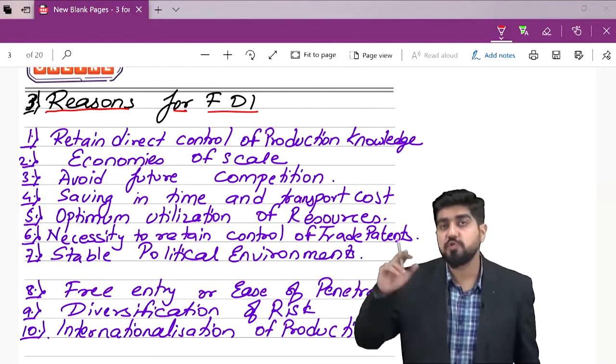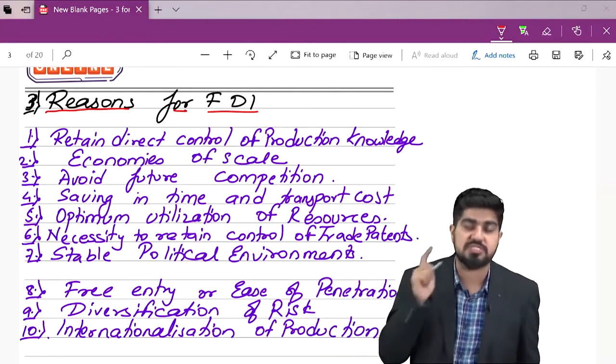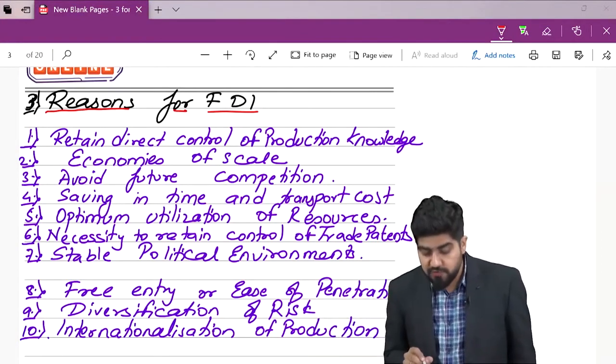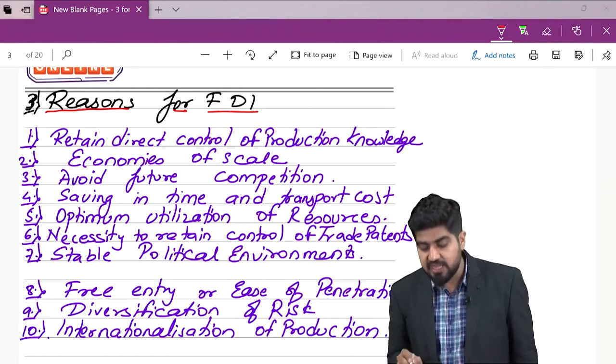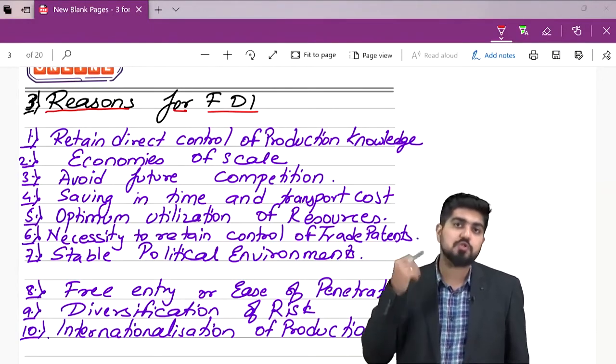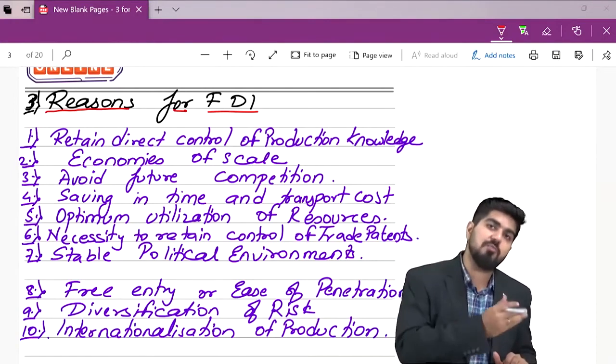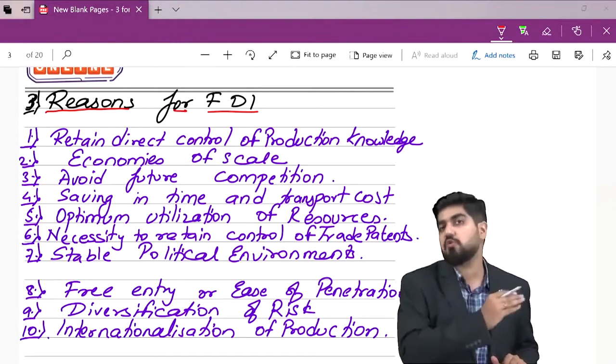What will you do? You will go abroad, set up your factory and start with the production process. Yes or no? So, if you want to retain direct control of production knowledge, you will not outsource the work, you will not license your work, you will go abroad, invest and start your own company.